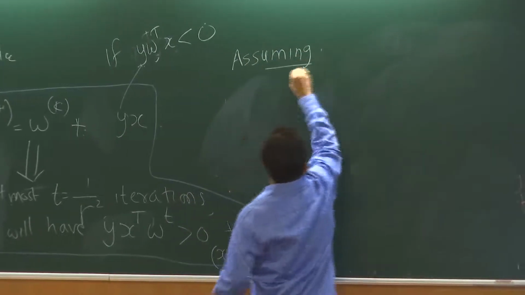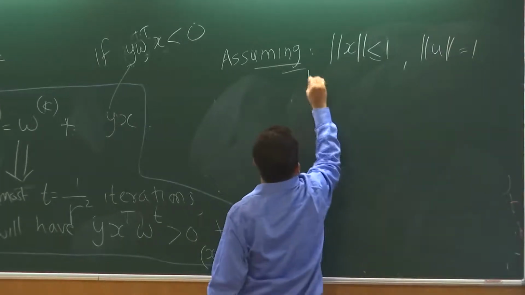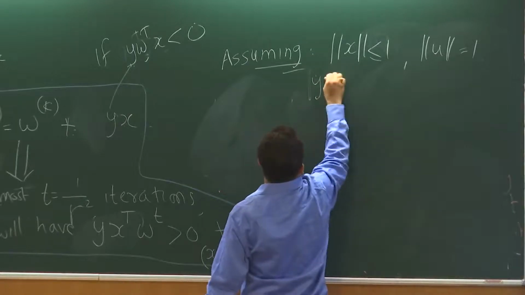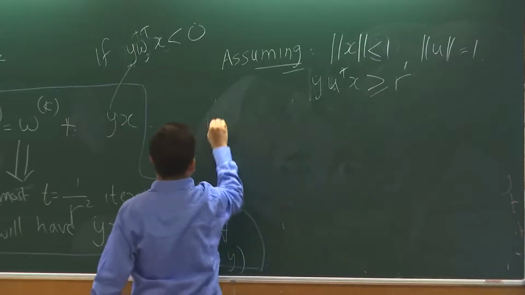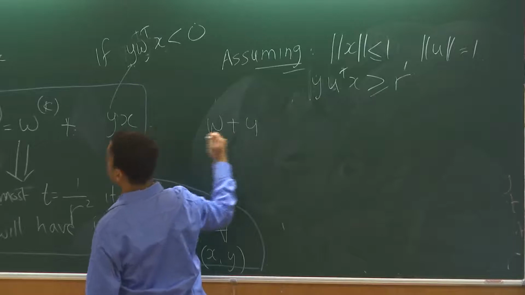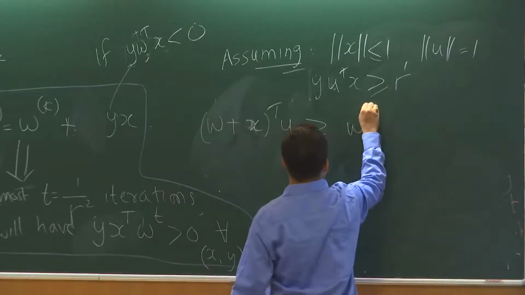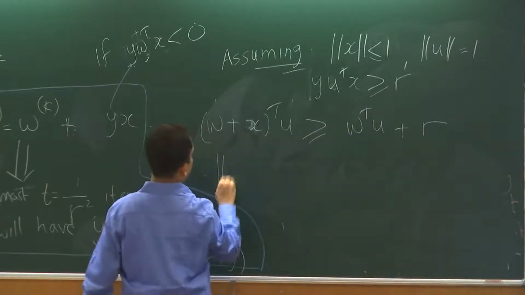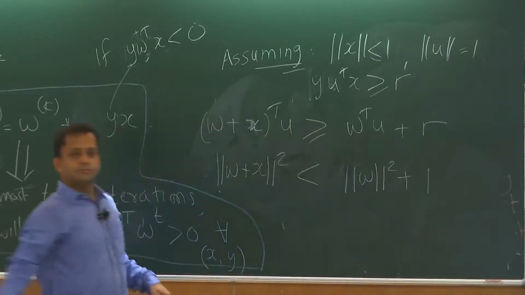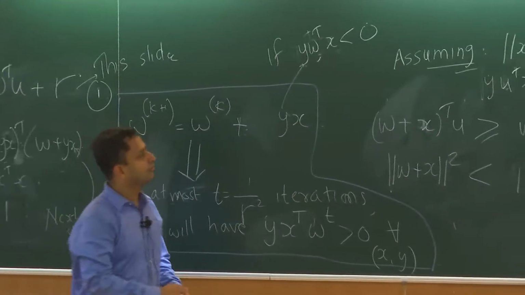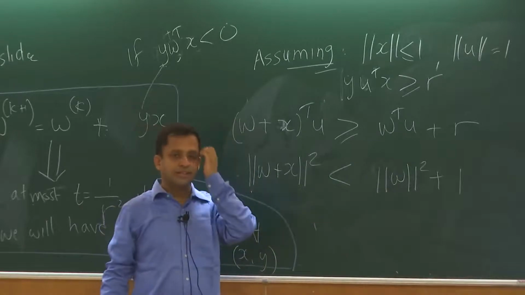Assuming the following we have got so far, now if you want you can call this w k plus 1, call this w k.